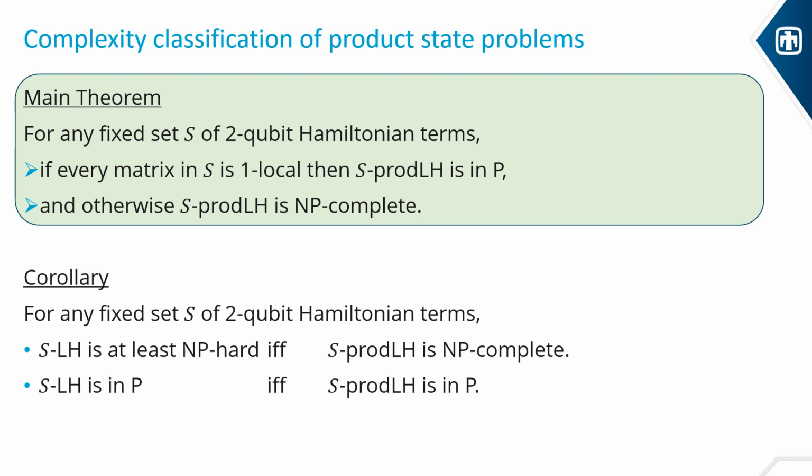And similarly, the general ground state problem is in P if and only if the product state problem is in P. And this suggests that the idea of using product states as a first step in approximating general ground states for hard instances of the ground state problem might need to be rethought, given that if the ground state problem is hard for some Hamiltonian family, then so too is the product state problem.